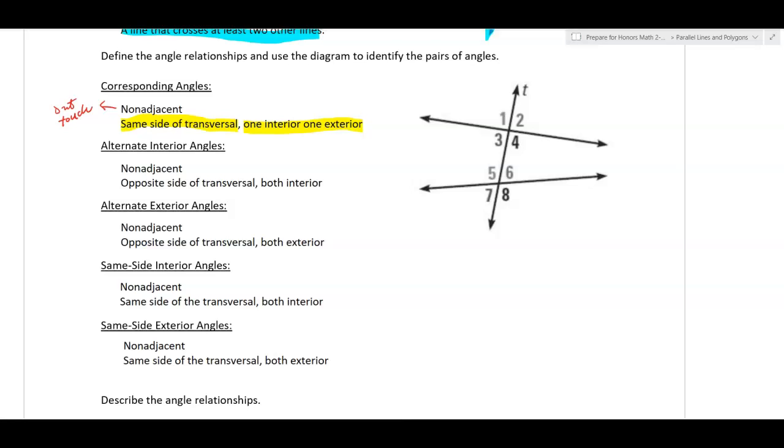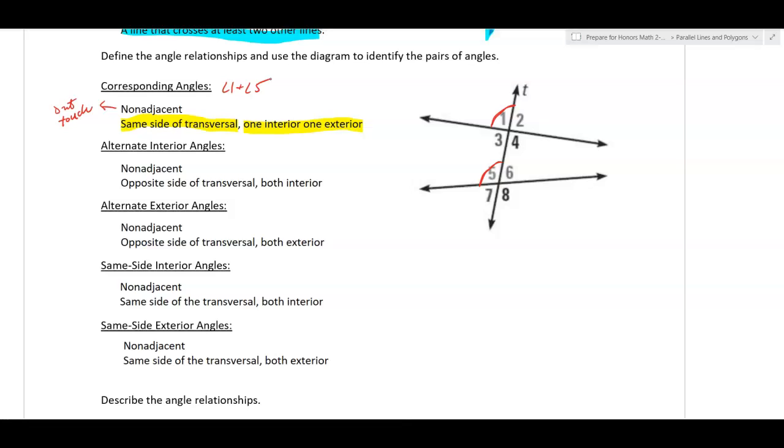An example of this would be angle 1 and angle 5. That would be a pair of corresponding angles. Notice they're not right next door to each other, same side of the transversal.